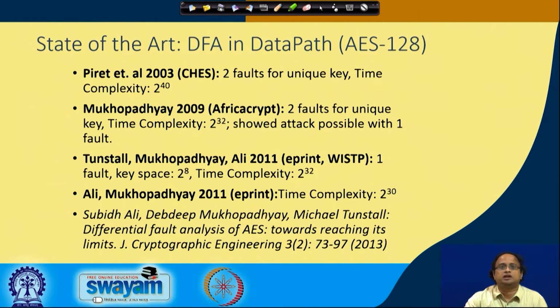We showed that the attack was possible even with one fault, and later it was further enhanced to reduce the key size to only 2^8 values with a time complexity of 2^32, which was further enhanced later on to 2^30. All these works have been summarized in this journal paper, published in the Journal of Cryptographic Engineering in 2013.